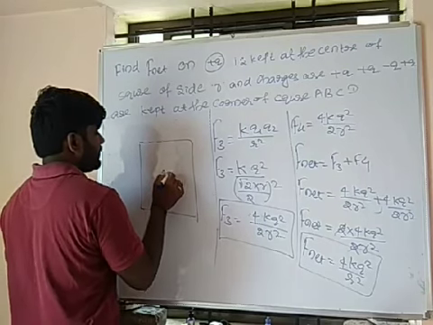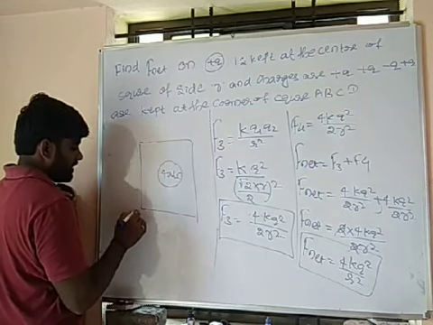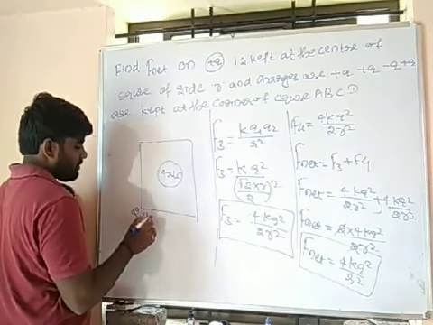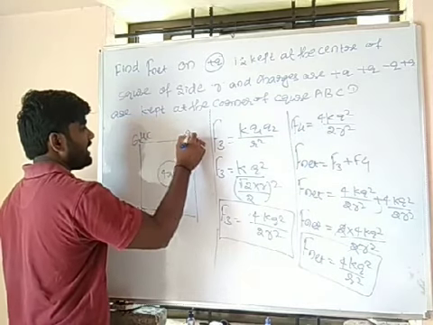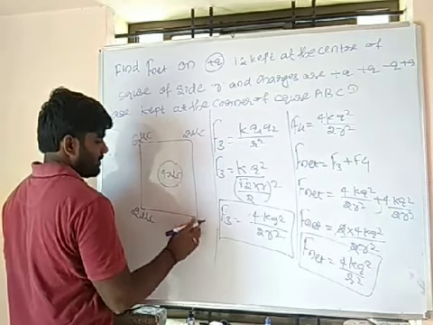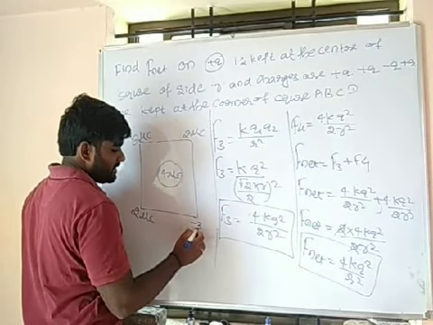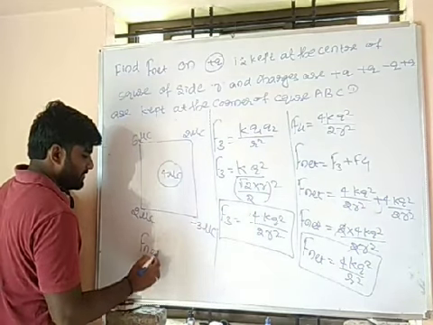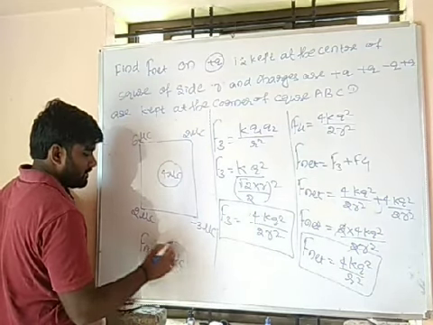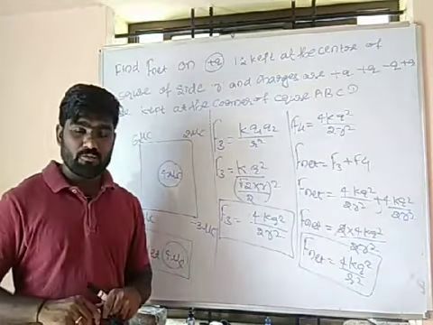Here I am taking 4 microcoulomb, 2 microcoulomb, 6 microcoulomb, again 2 microcoulomb. Here I am keeping minus 3 microcoulomb. Find F net on the 4 microcoulomb charge. Try yourself only. Okay, it is for your homework.